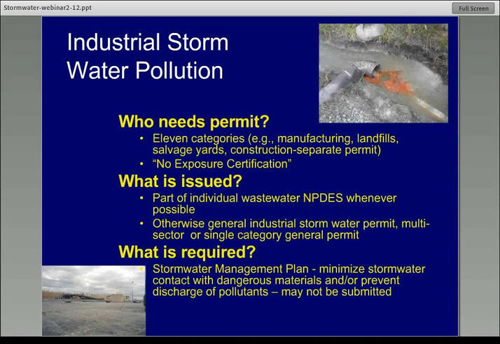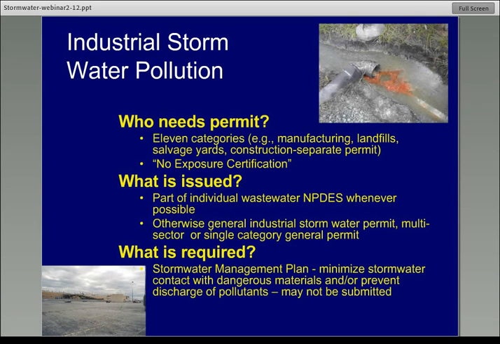Now, what is issued, again, I was mentioning it's a general permit in most cases. You can also apply, as I mentioned in the municipal case, you can apply or petition for an entity to be required to get an individual permit. Usually the industrial stormwater requirements are folded into any wastewater permit that exists.